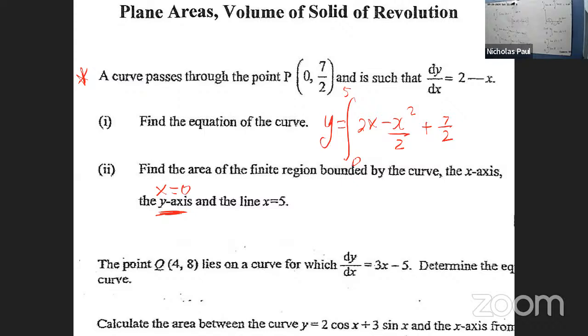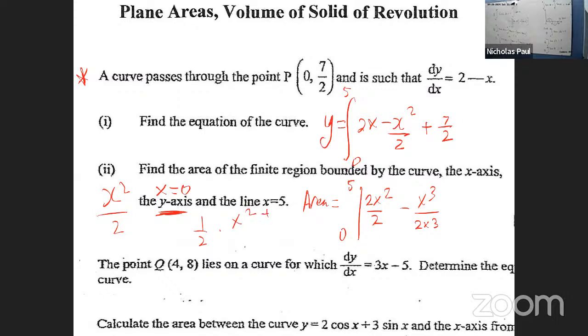Right, so when you integrate now, you'll get the area. When you integrate 2x, you'll get 2x squared over 2. When you integrate x squared over 2, you'll get x cubed over 2 multiplied by 3. Because x squared over 2 is the same as a half x squared.